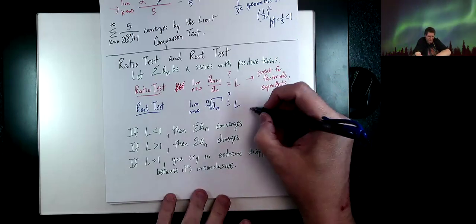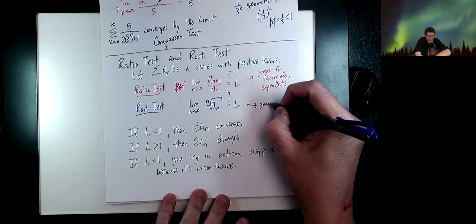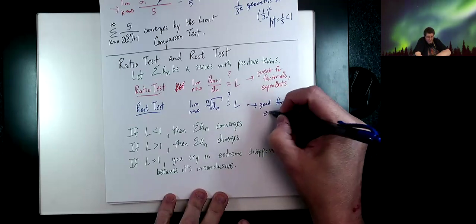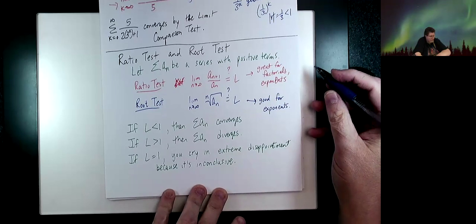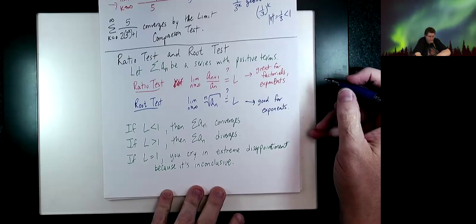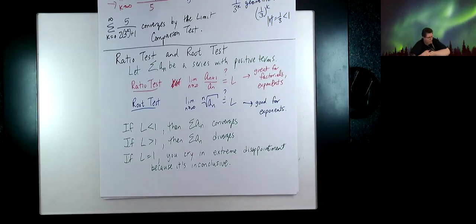The root test is really only good for exponentials, because the nth root will cancel out the nth power, and you're not dealing with the exponent anymore.